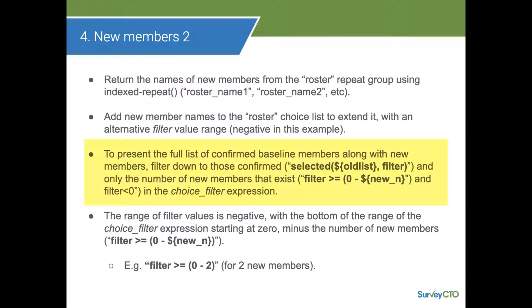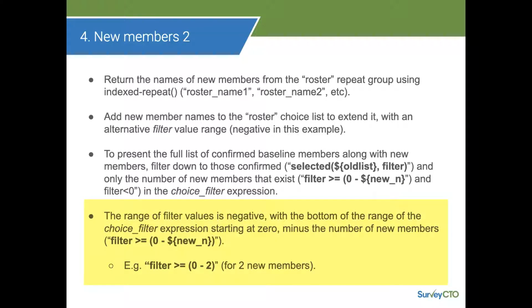In order to present the full list of confirmed members along with new members, you need to use a choice filter expression. Filter down to the confirmed members from the baseline using the selected old list filter part of the choice list expression. This will include only the choices with filter values that match the selections made in the old list field.